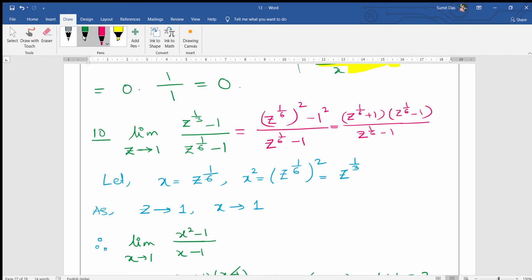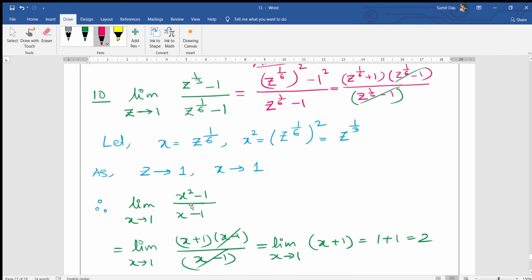So here also you can see these terms will be cancelled. Only this will remain, and you just put the z value. This is the alternative method, and you can see it takes only 4 steps. Those who are not comfortable with the alternative method can just take the substitution.